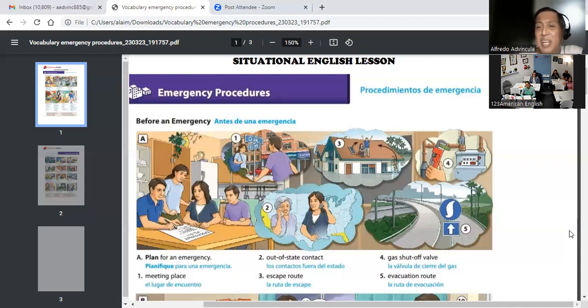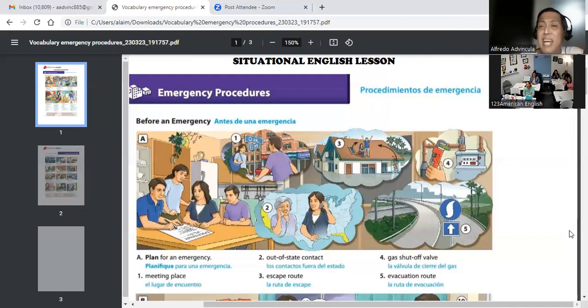Number 5 is pretty clear. Evacuation route. Again, the word route. And we can see a picture here. It looks like a highway, right?